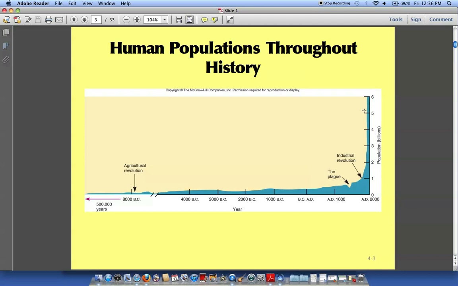Now, from the previous chapters, you should have recalled that this looks like a J curve. Just moves right up, forms that J. Well, I don't know what the carrying capacity of the world is, but if we don't watch out, we will be looking at a major die-off one of these days.